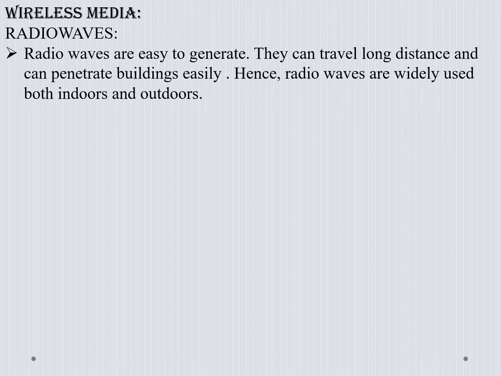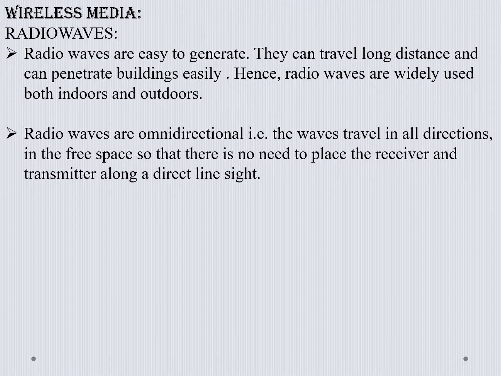Radio waves are easy to generate. They can travel long distances and can penetrate buildings easily. Hence, radio waves are widely used both indoors and outdoors. Radio waves are omnidirectional. That is, the waves travel in all directions in free space, so there is no need to place the receiver and the transmitter along a direct line of sight.